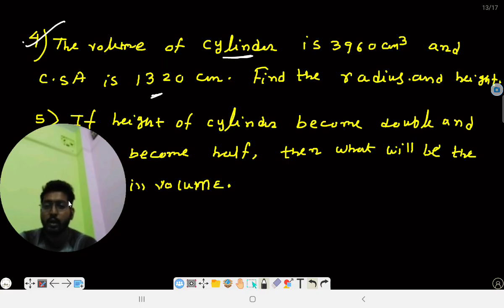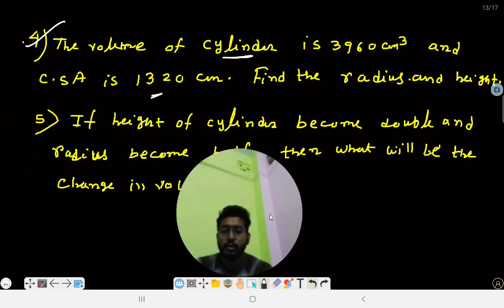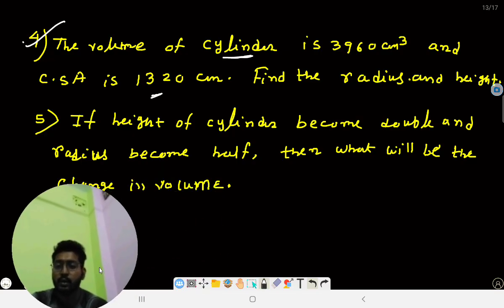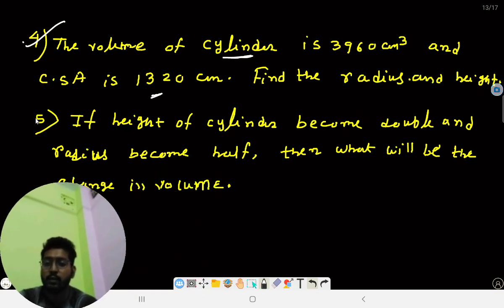Now we'll move to question number 5. What is given here? It is given, if the height of the cylinder becomes double and the radius becomes half, then what will be the change in the volume?